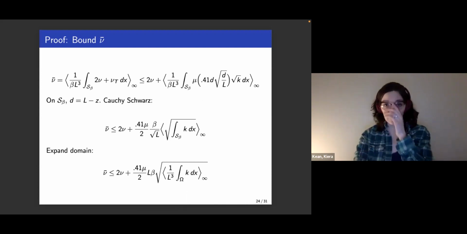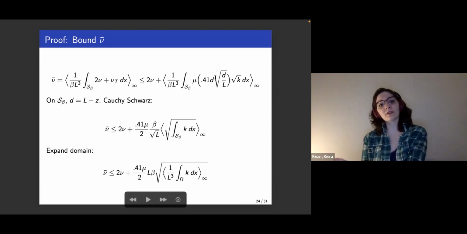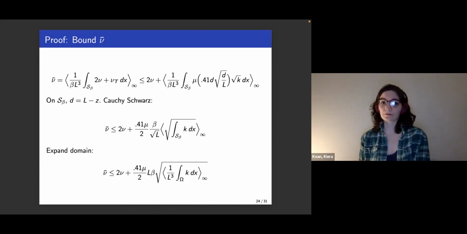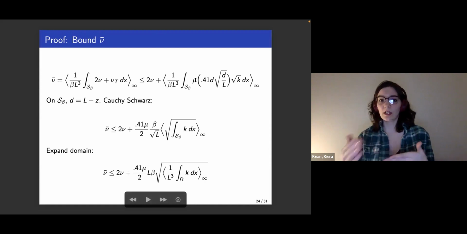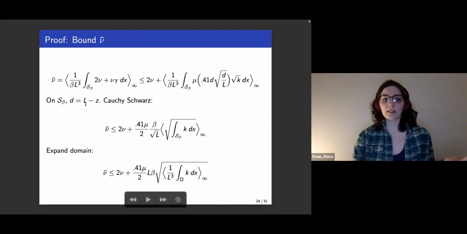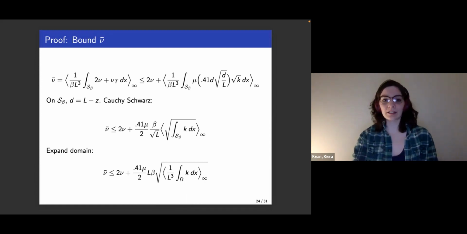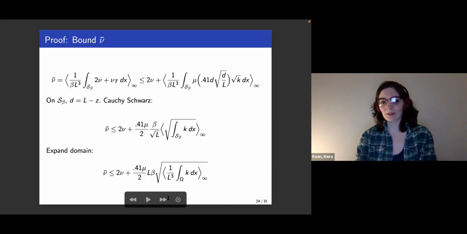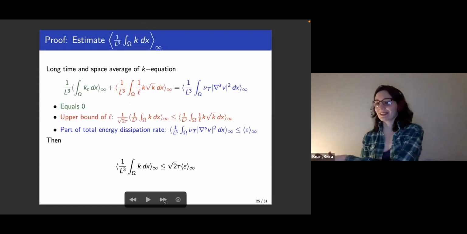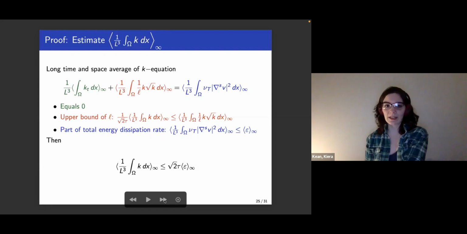And then we have this definition, of course, for nu bar, for nu T. And then just kind of plugging in all our terms, we can have this in terms of K. So this is what we need to bound, which we then go and use the other bound on L to do.